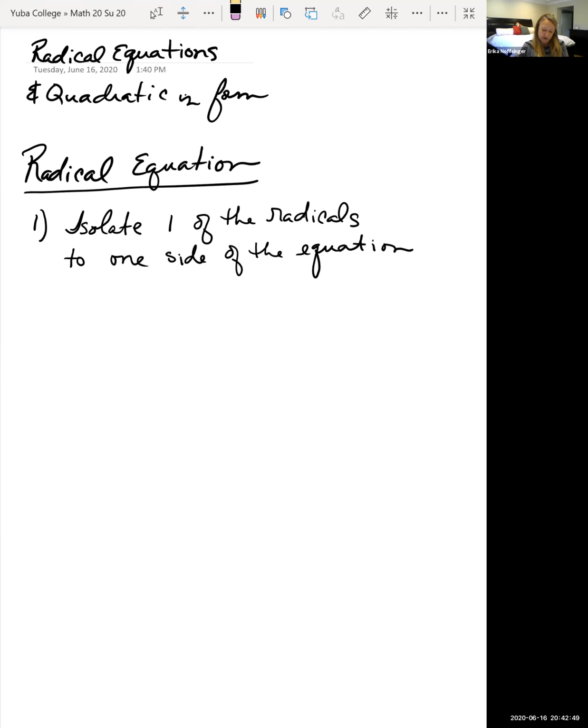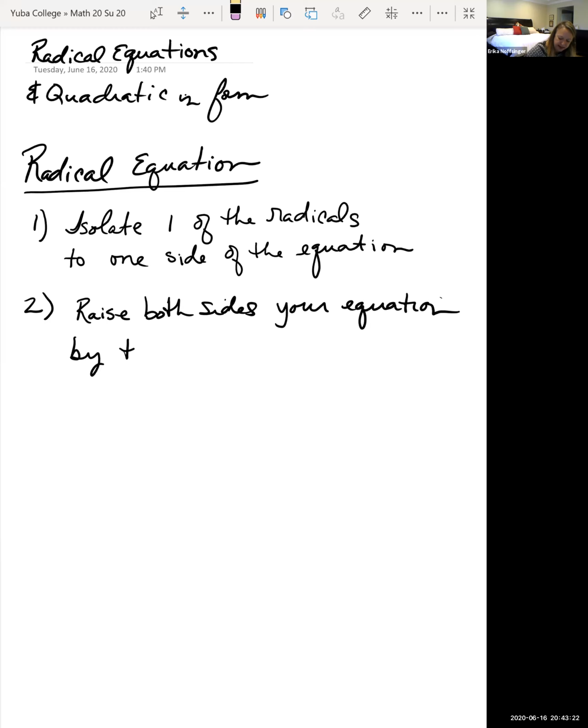And so once you've done that, we can raise both sides of your equation to the power that would cancel out what root you were taking of that radical. So you're going to raise both sides of your equation by the index of your radical.